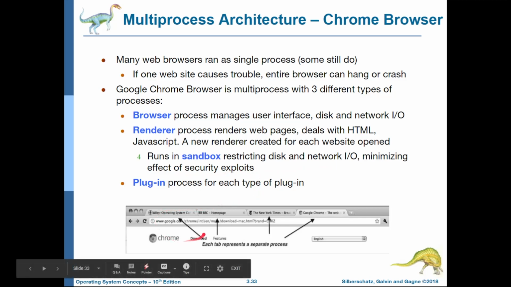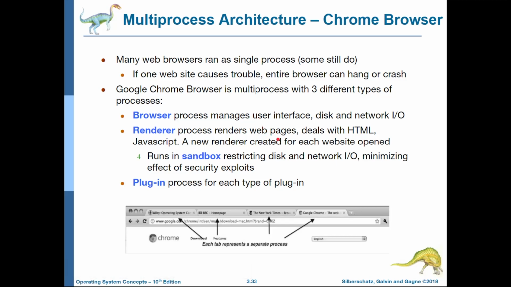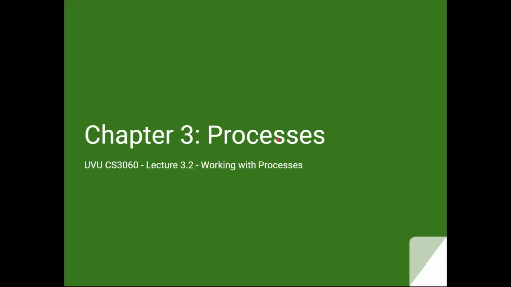In this restricted environment, if a web page tries to do some funny business, it's not allowed to, and the process could be terminated, or the process will simply error out. There are also separate processes for plugins, and usually you have plugins over here on the right-hand side that perform additional functionality for various web pages. So this is an example of a program that does multi-process operations.